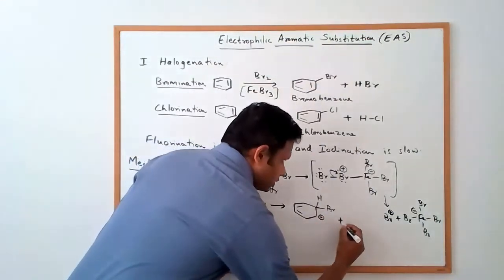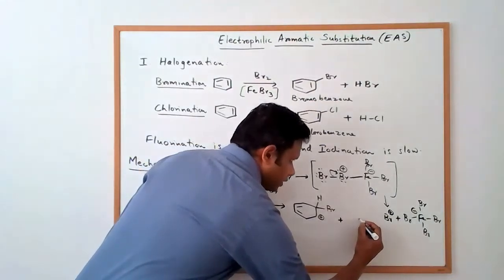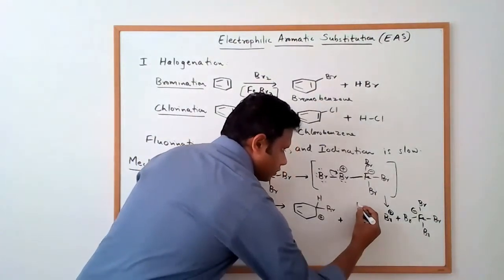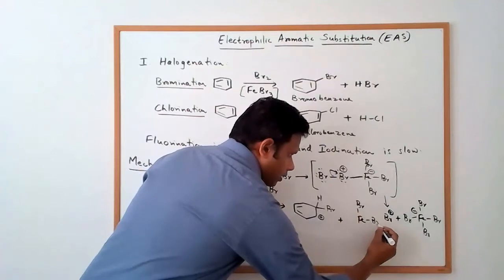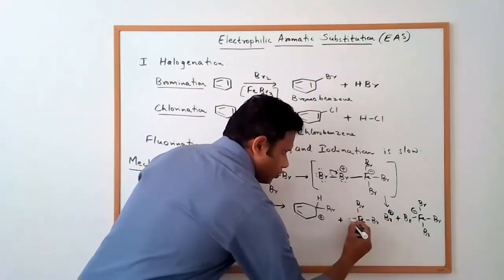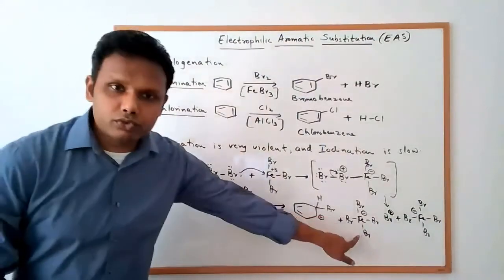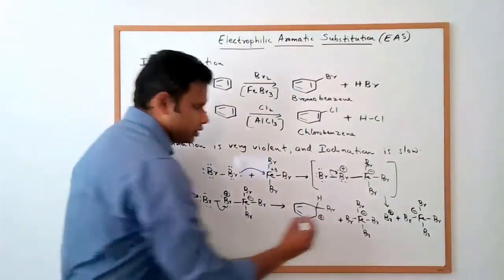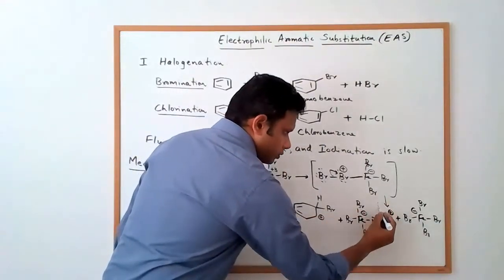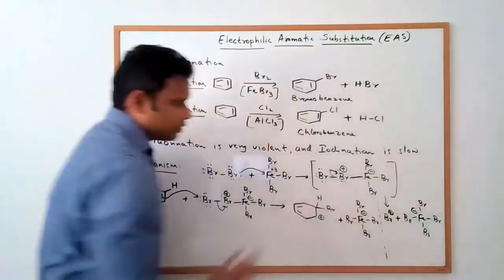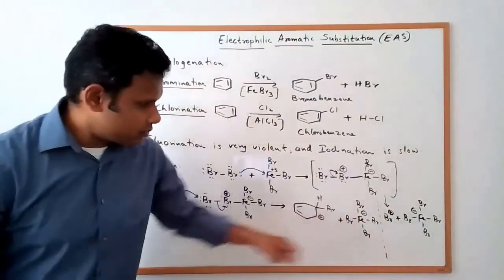And along with this, we're going to have the FeBr4, 4 Brs with a negative charge. So that's going to form as the counter ion. Okay, so realize that this was part of the earlier discussion here. So the mechanism is here.